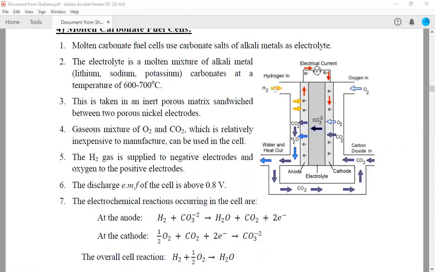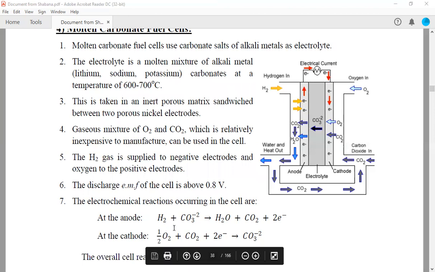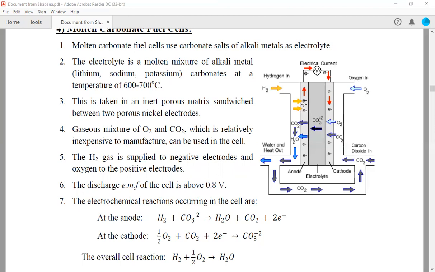As I already told you, the hydrogen gas is passed towards the anode, which combines with the carbonate ion to form water and carbon dioxide with the liberation of electrons. This water and carbon dioxide will be passed down, and the electrons move in the upward direction through the electrical circuit, from the anode to the cathode.